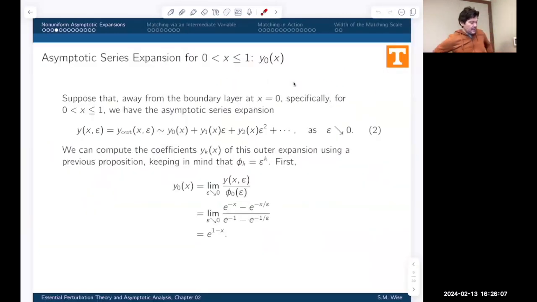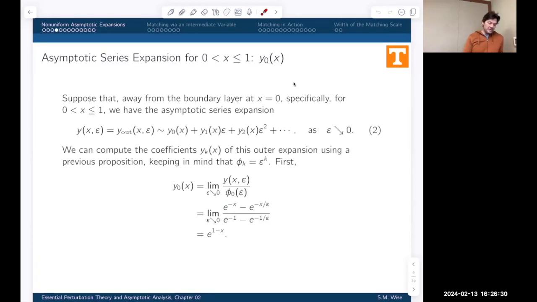So let's look at the asymptotic series expansion for this. And we can do this a number of ways now. For one, we can assume that we have an asymptotic series approximation like this. And then we can look at this and try to determine what are these coefficients.